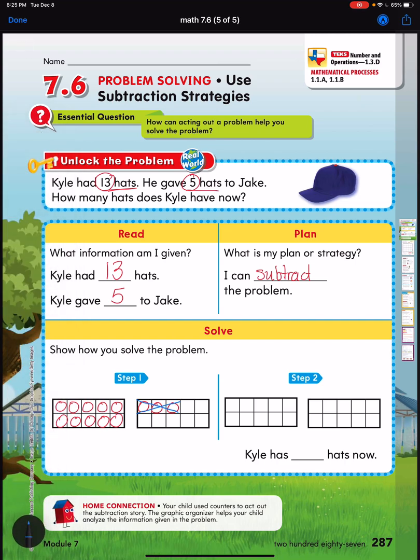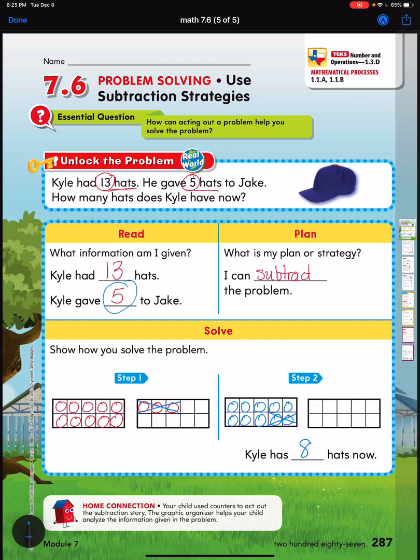Well, remember, we're ultimately subtracting 5, but I'm left with those 10. I took those 3 away, left with 10. I'm going to take 2 more away because remember, we're taking away 5. What am I left with? Well, I know 10 minus 2 is 8. So that means that Kyle has 8 hats now.